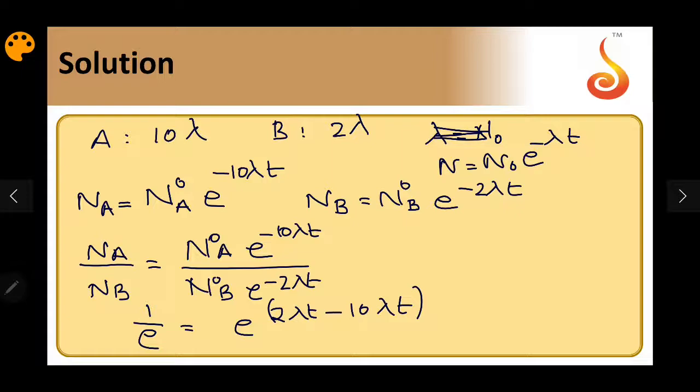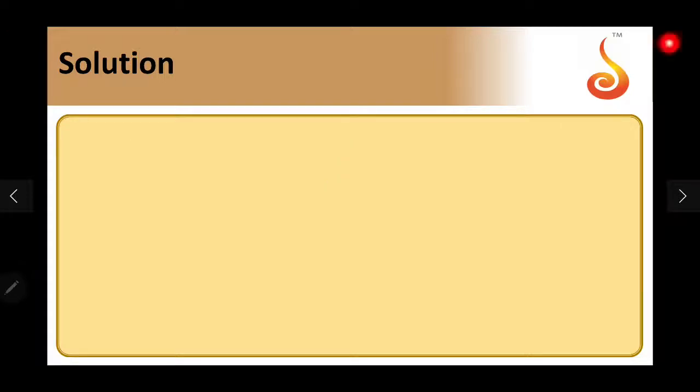So I can equate the powers now. 2 lambda t minus 10 lambda t is equal to minus 1.